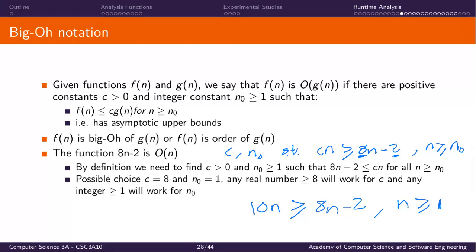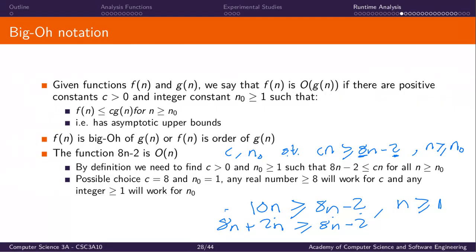Well, if I split this 10n into 8n plus 2n, then what do I see? 8n is always greater than or equal to 8n. Surely they're equal. And is 2n greater than or equal to negative 2? Well, for positive n's, it is.